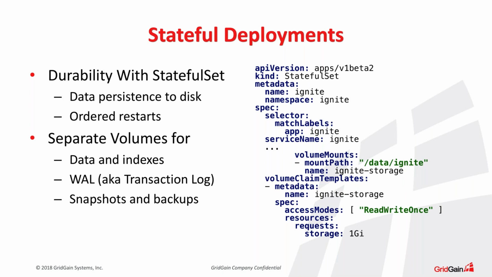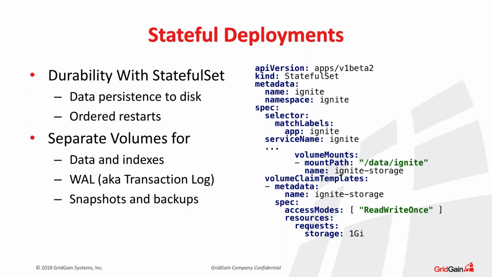It's better to separate the disk for those types of data, so that the write-ahead log file is stored on one disk storage and is updated separately from your main storage that keeps data and indexes.